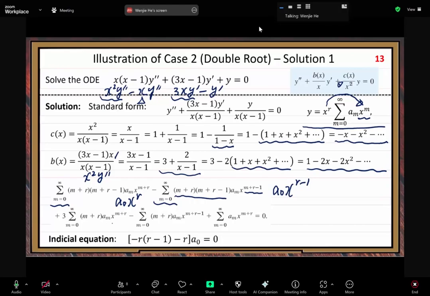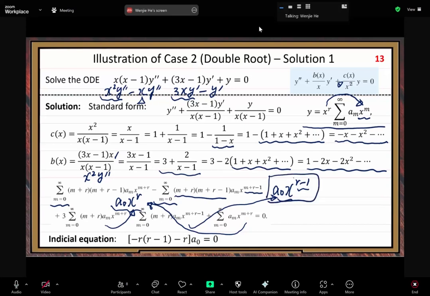So this one is the same as that one, minus 1. But if you compare these two, which one is lower? Because we want to look at the lowest term. This is lower, right? R minus 1 is lower than R. So let's focus on this term.